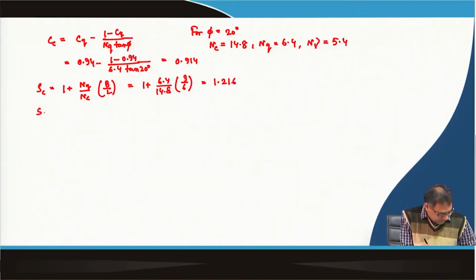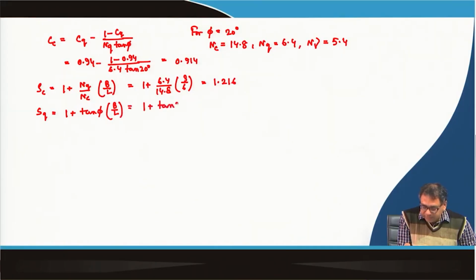Now, Sq is equal to 1 plus tan phi B by L, which is 1 plus tan 20 degree into 3 divided by 6, which is 1.182.